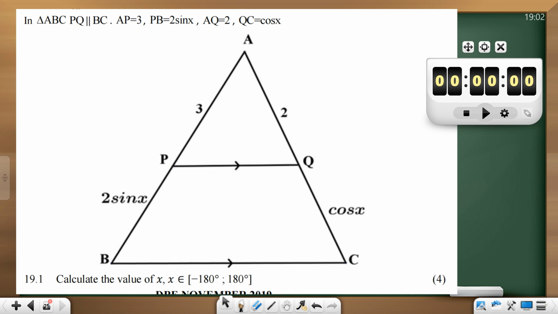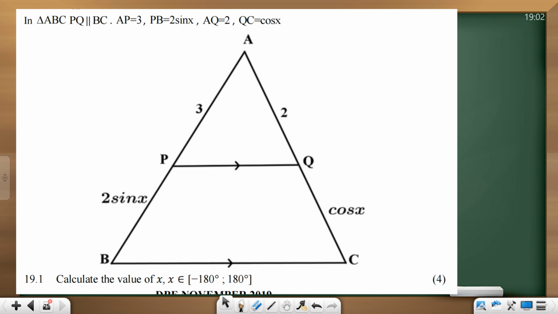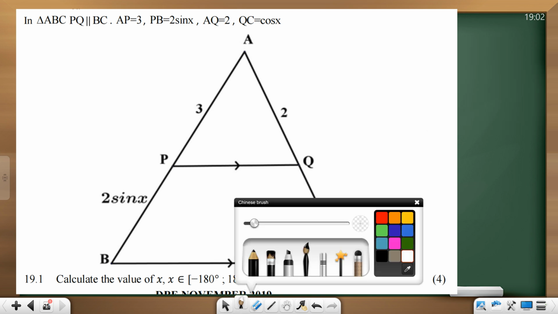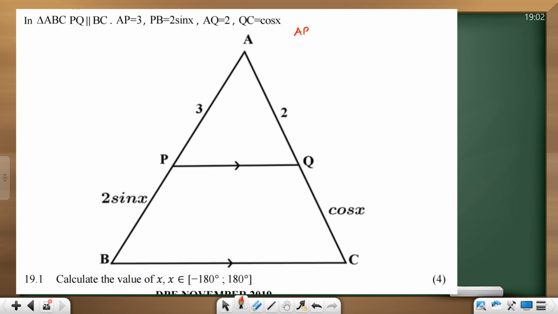All right. Questions just look scary, but completely doable. So don't get frightened. Proportionality theorem, straight, right? So can I say AP over PB will be equal to AQ over QC?